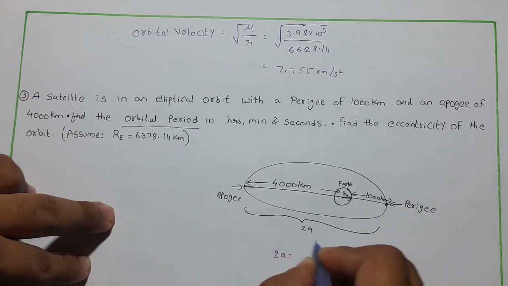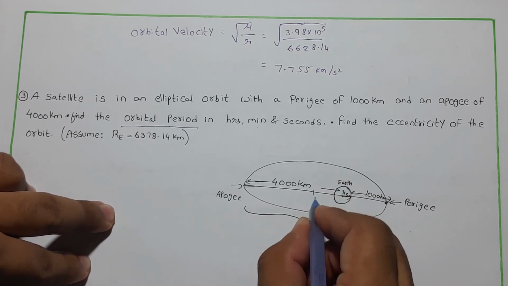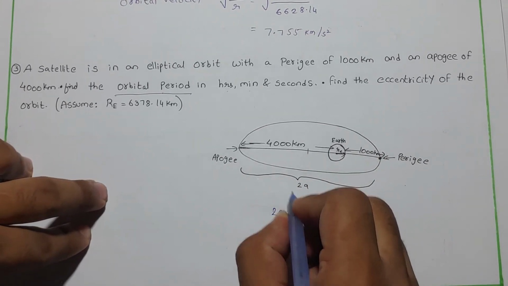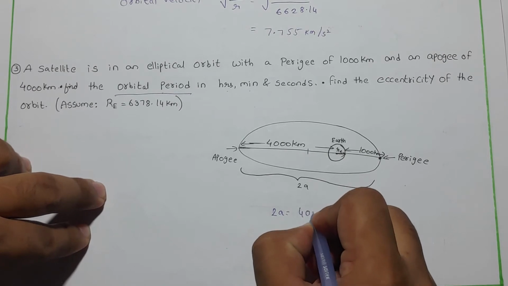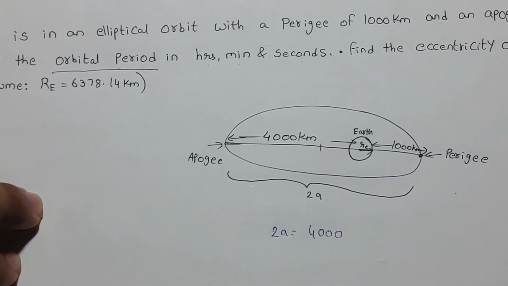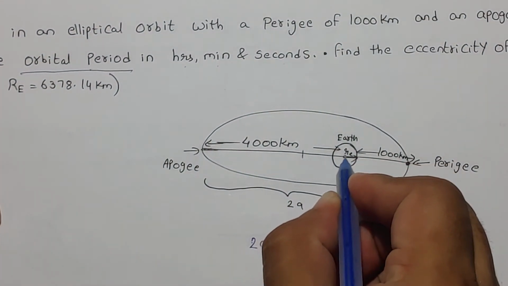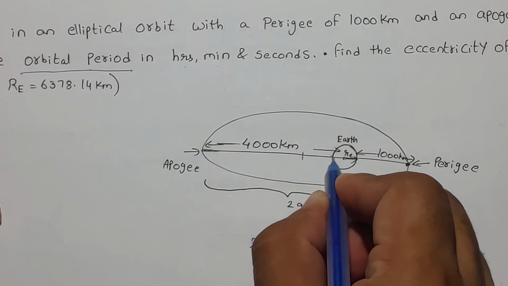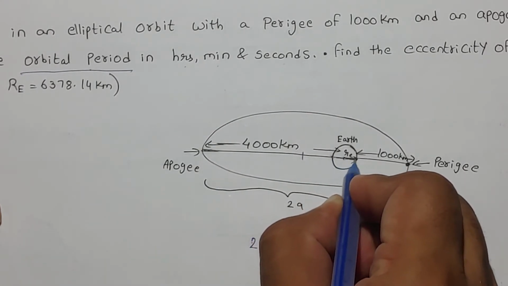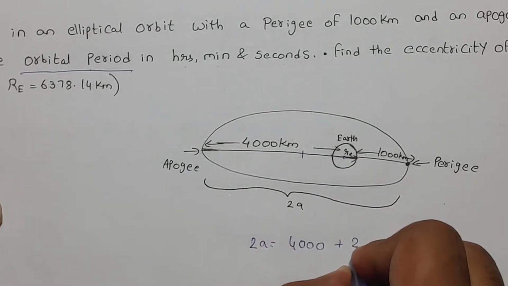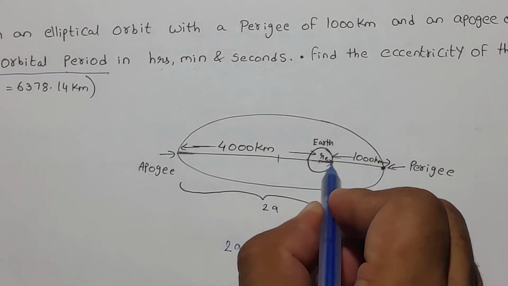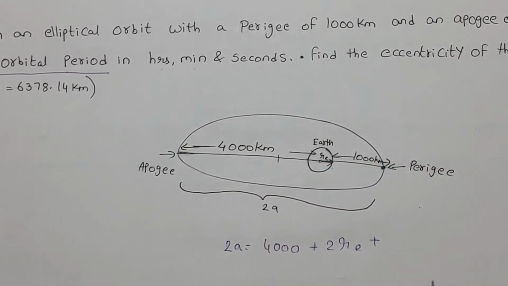We know that semi-major axis could be from the center to the points, that is 2 times of a is equal to 4000 kilometers from the surface to the apogee point, and radius of it, we know that radius is from the center to the surface. Here we need to calculate 2 times RE plus distance from the surface to the perigee point, that is 1000.